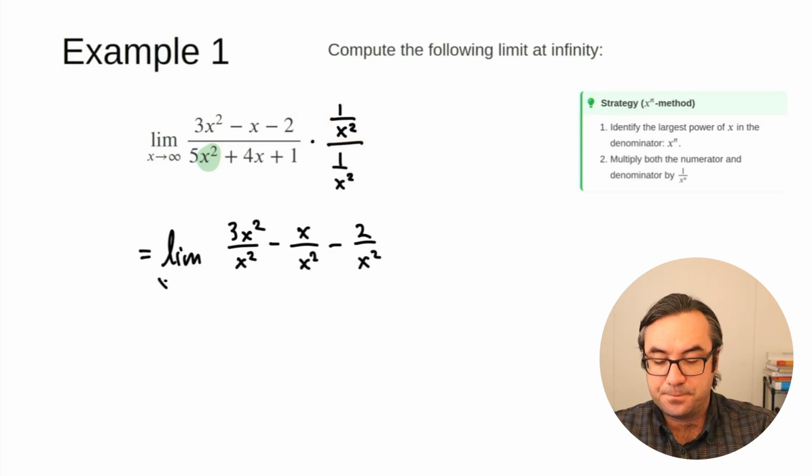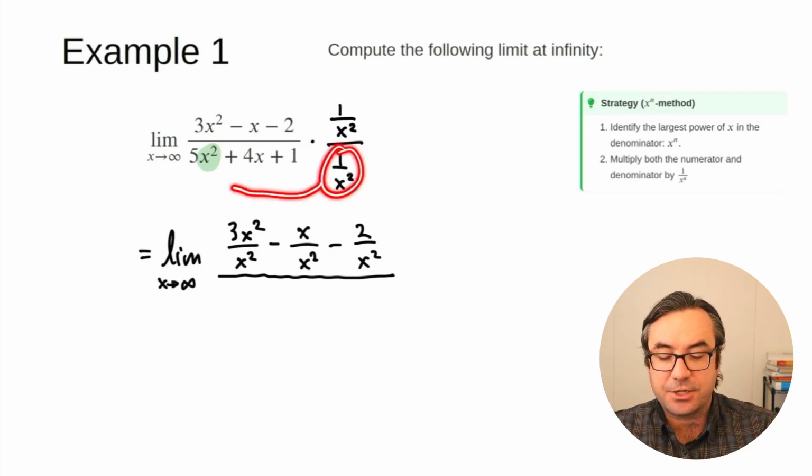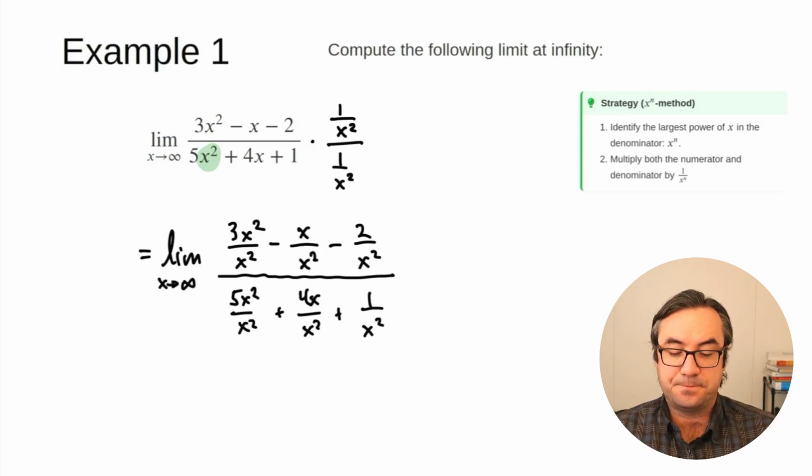And then we do the same thing in the denominator. So we're going to get 5x squared over x squared plus 4x over x squared plus 1 over x squared.